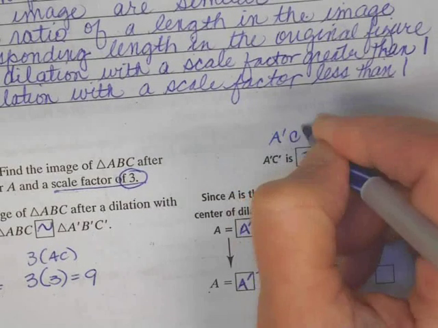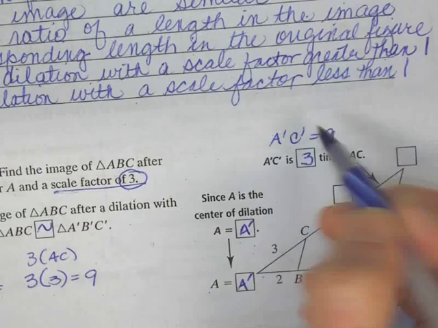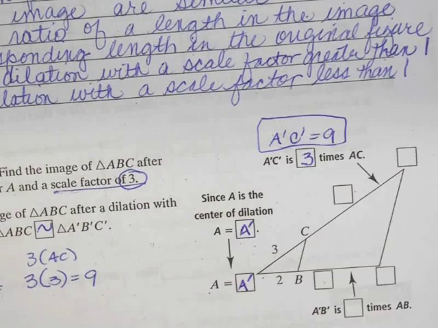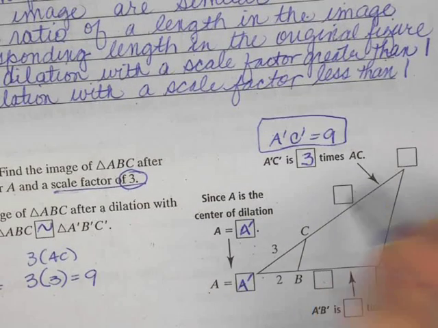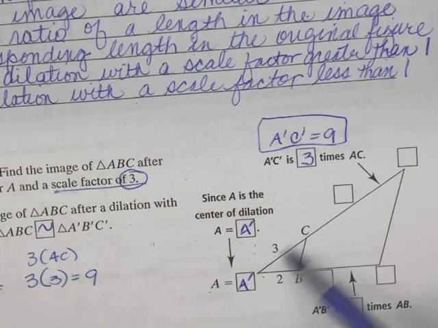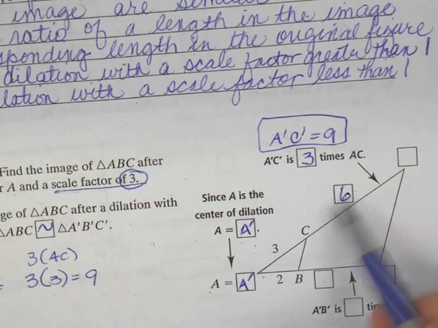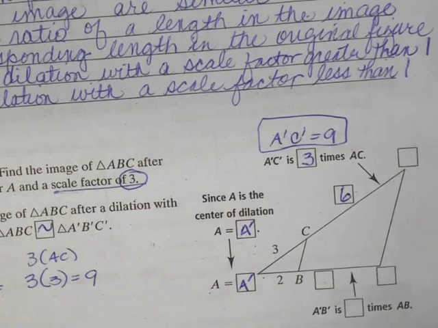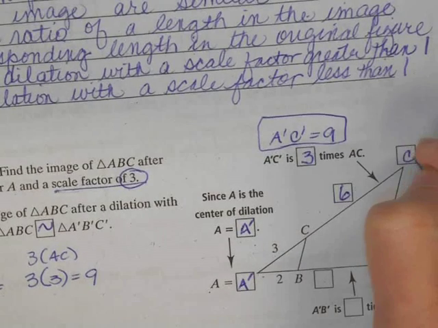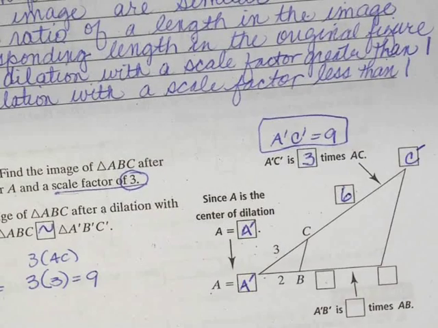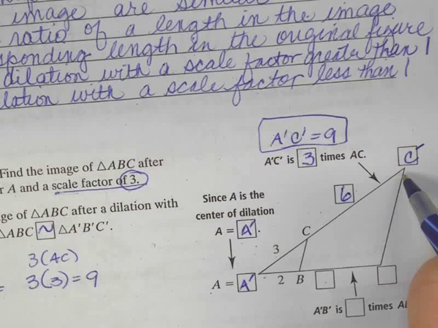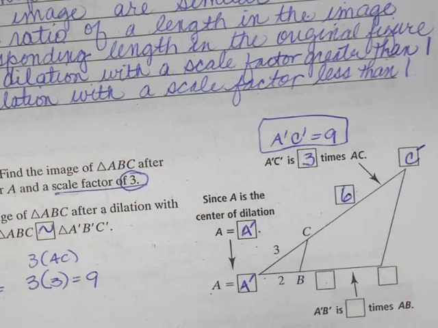Okay, so that's going to make A prime C prime equal to 9. I'm just going to jot that over here because really in this box we don't want to put a 9, okay? We want to put a 6 because then 3 plus 6 gives us the 9 for the larger triangle. Also, upon dilation, this point is now C prime.